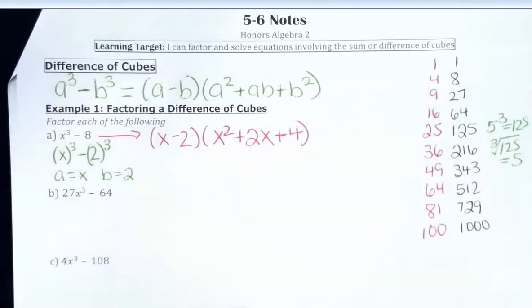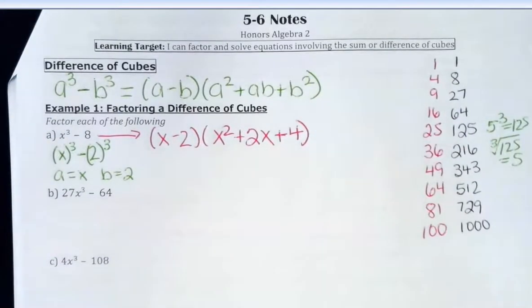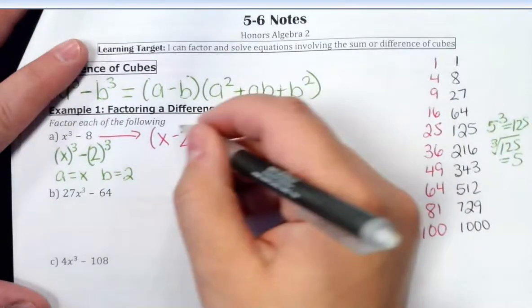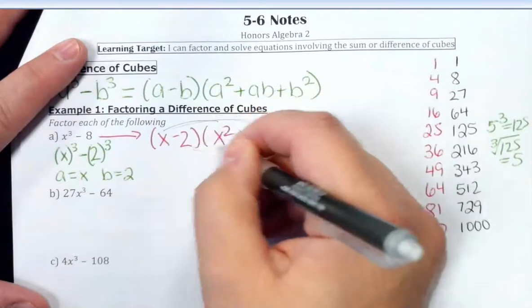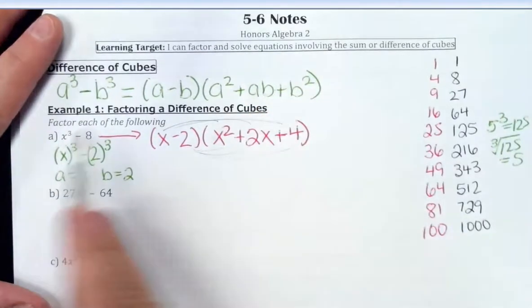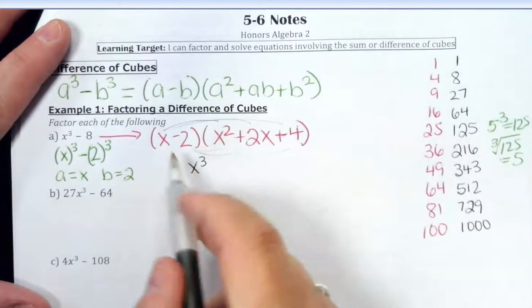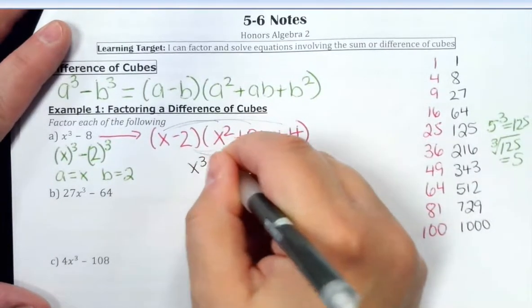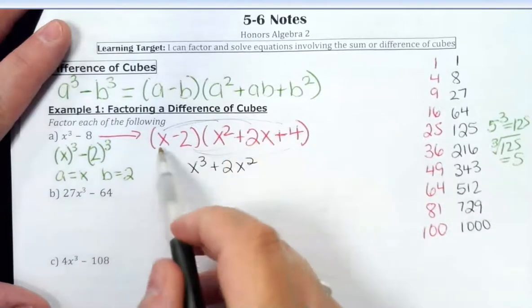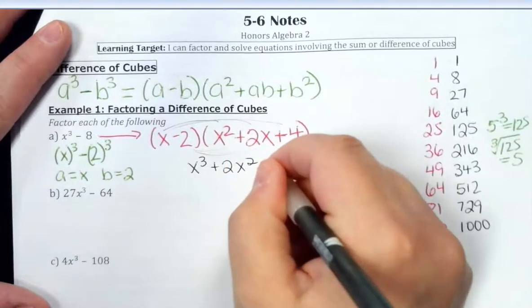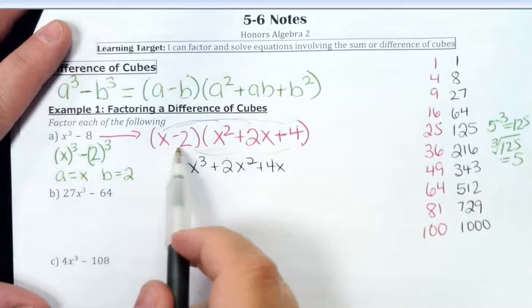Now, if you guys want to check, you could multiply this back out, which I'm not asking you to do, but I'm going to do it on this one question here. So if we were to multiply this back out real quick, it should give us back what we started with. If you do x times x squared, x cubed, x times 2x is 2x squared, x times 4 is 4x, and then I'm going to go through and multiply everything by negative 2.